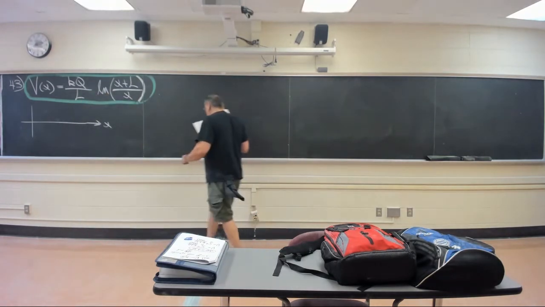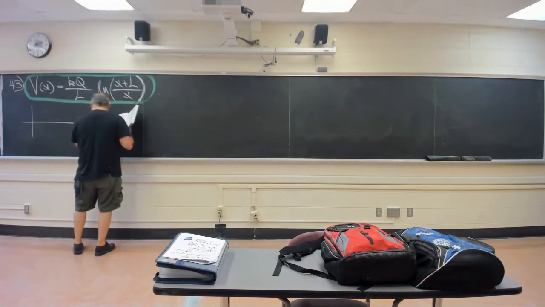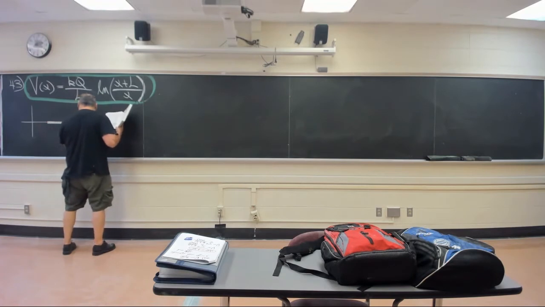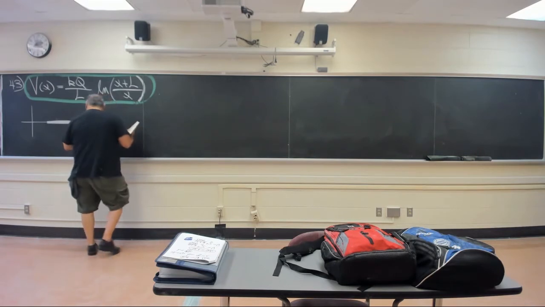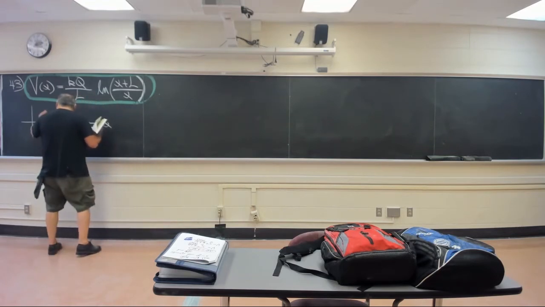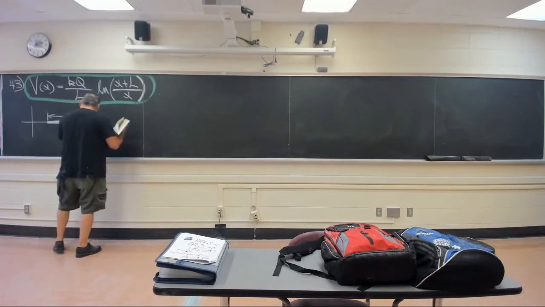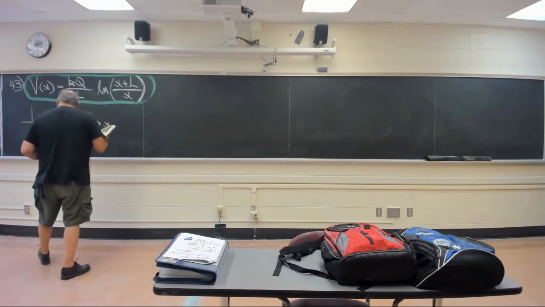Now you can debate how you want to write this, but here is the thin rod of total charge capital Q. The length is capital L. Let's just see here.